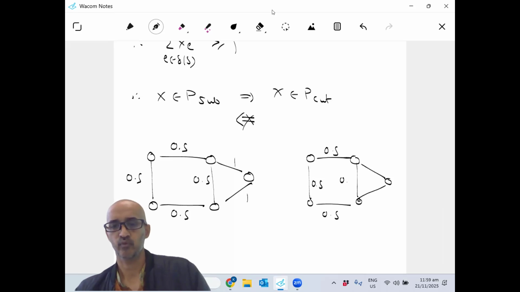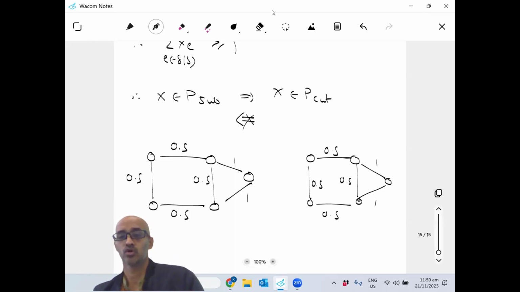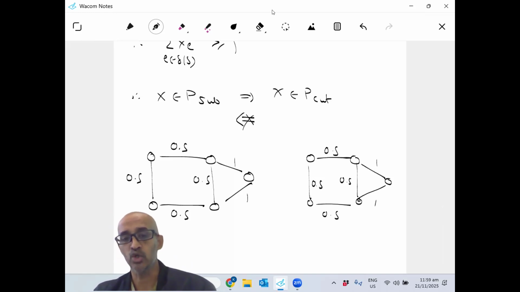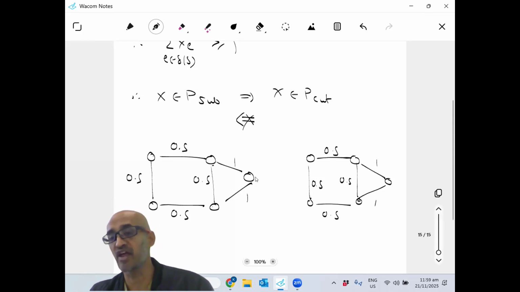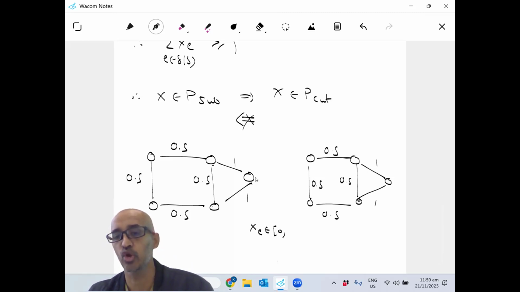Okay. How many nodes are there? 1, 2, 3, 4, 5. Are all the variables between 0 and 1? Yes. So every x_e is clearly between 0 and 1.